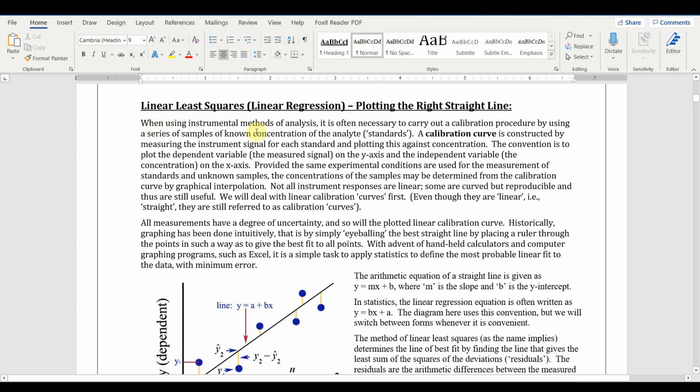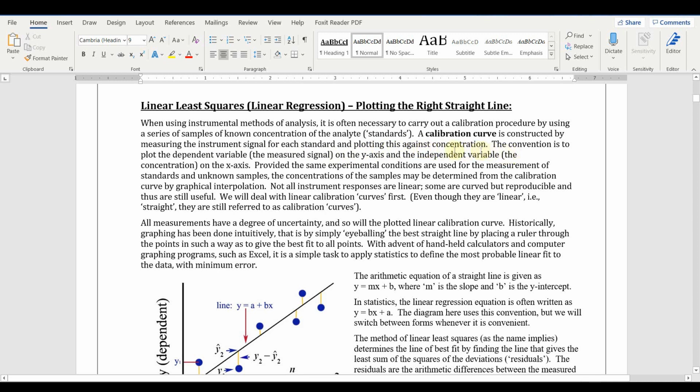When using instrumental methods of analysis, it is often necessary to carry out a calibration procedure by using a series of samples of known concentrations of the analyte. These are our standards. A calibration curve is constructed by measuring the instrument signal for each standard and plotting this against concentration.